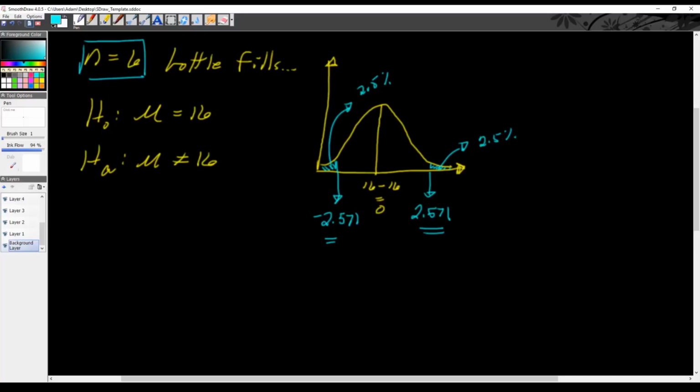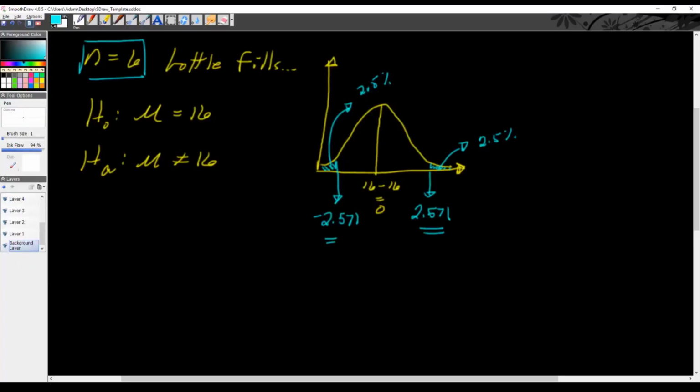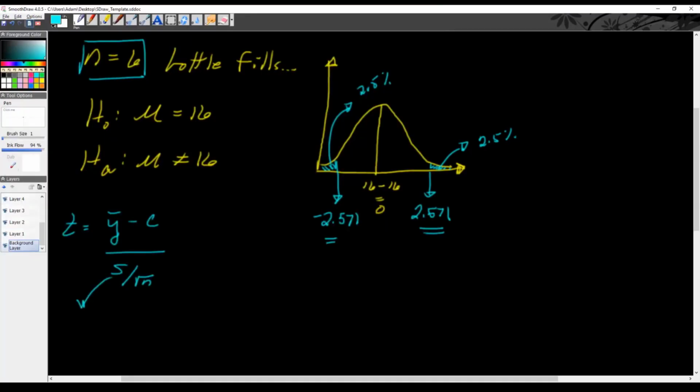So basically what we need to do is standardize our sample mean. If I go to stat, I see the sample mean is 15.8. So remember, the t-value is equal to the sample mean minus the hypothesized value, all divided by s divided by root n. And we saw that the standard deviation is 0.1532.